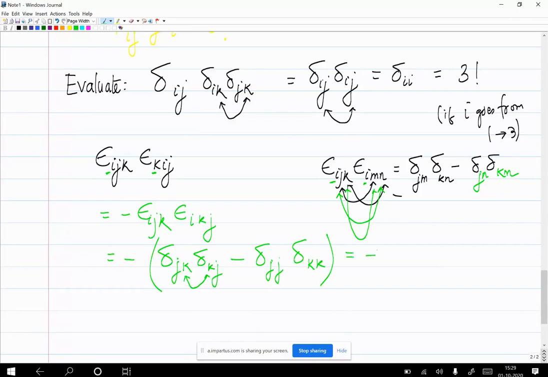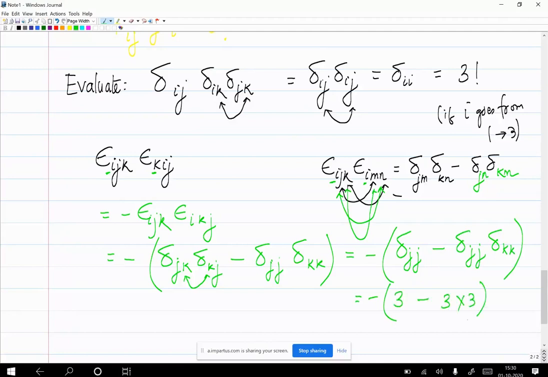So this becomes minus delta jj, correct? Minus delta jj into delta kk. Okay? So what is this then? So delta jj is 3, right? Minus 3 into 3. So this is 6 finally. Okay?